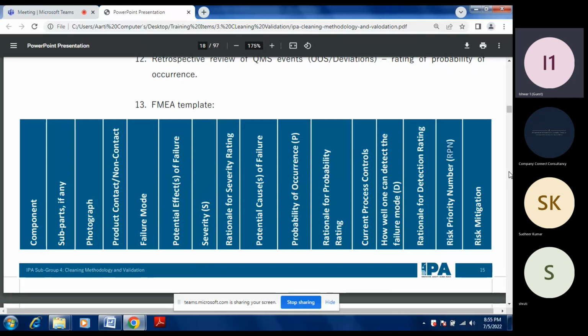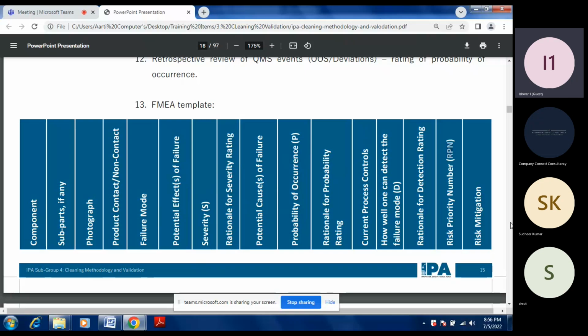Because some guidelines, in the case of ICH guidelines, have different numbering procedures for different levels. Severity and rating levels are 1 to 5, so low, moderate, high, or very low, very high: 1, 2, 3, 4, 5 steps are there.